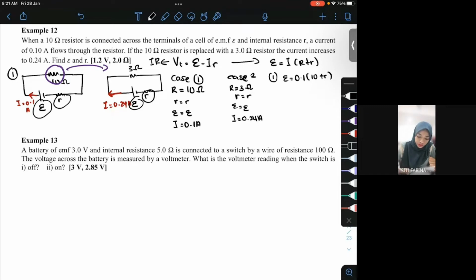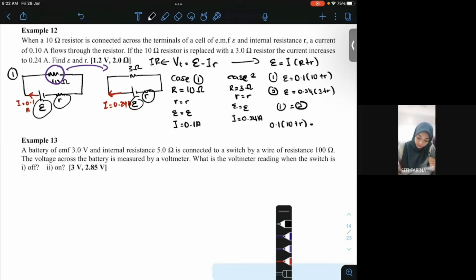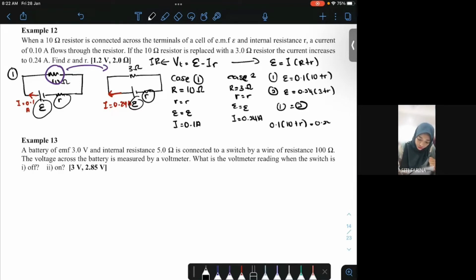Okay, and then equation kedua kamu pula datang daripada case yang kedua. EMF yang sama is equals to sekarang 0.24 times 3 plus r. Okay, so you have two equation. Dua-dua adalah EMF is equals to something. So saya akan samakan equation satu dengan equation kedua. 0.1 times 10 plus internal resistance akan sama dengan 0.24 times 3 plus internal resistance.